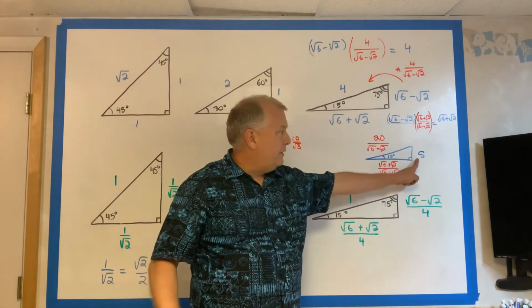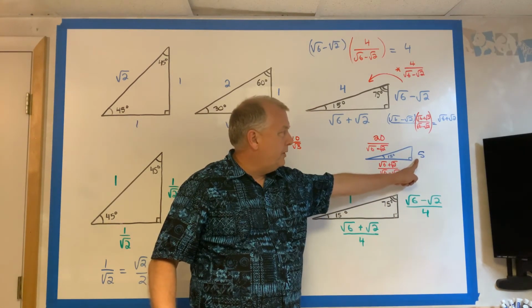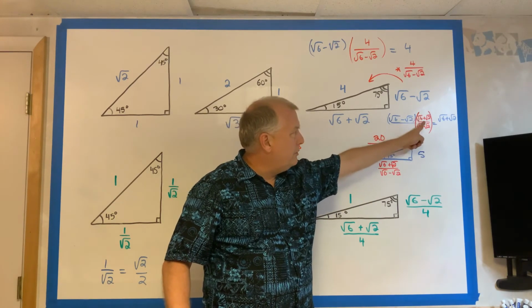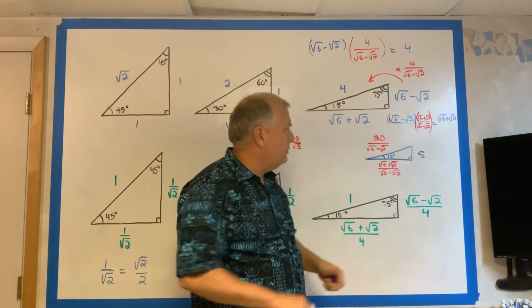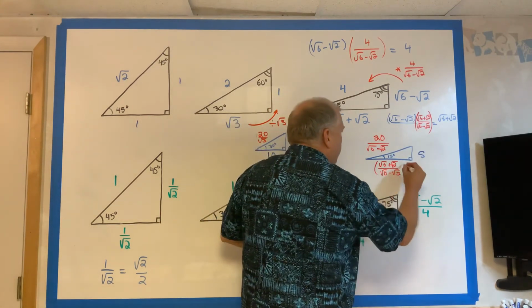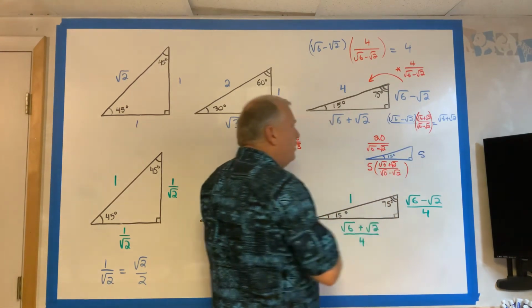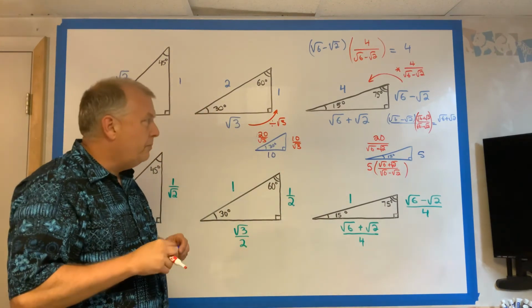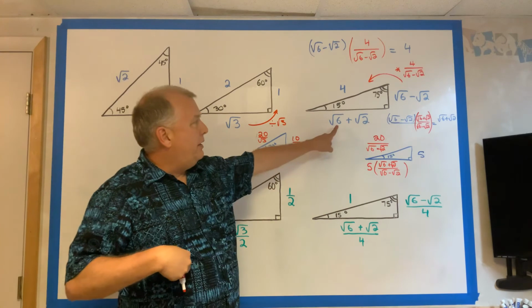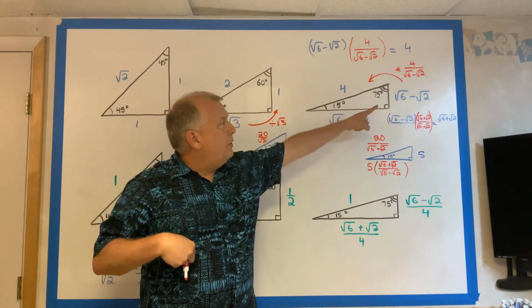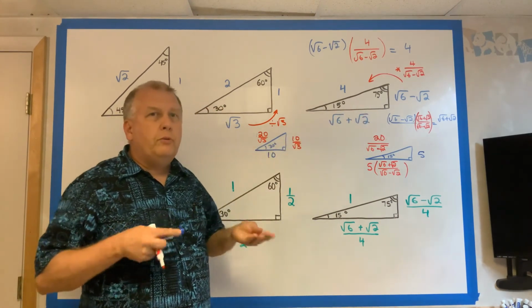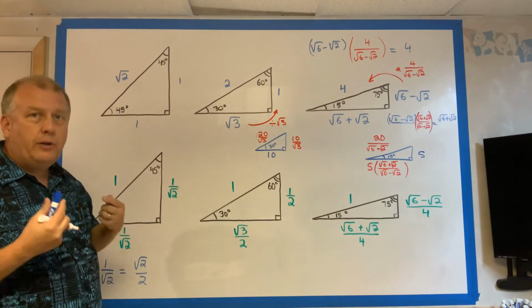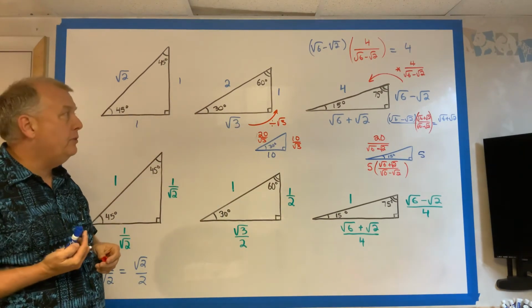I will put the 5 there and multiply by root 6 plus root 2 over root 6 minus root 2. And then I just get 5 times root 6 plus root 2 over root 6 minus root 2. Now, admittedly, these numbers are awkward to deal with, but the principle of similar triangles is the same for every triangle, not just the right triangles, but the right triangles are the ones we're going to use most often.